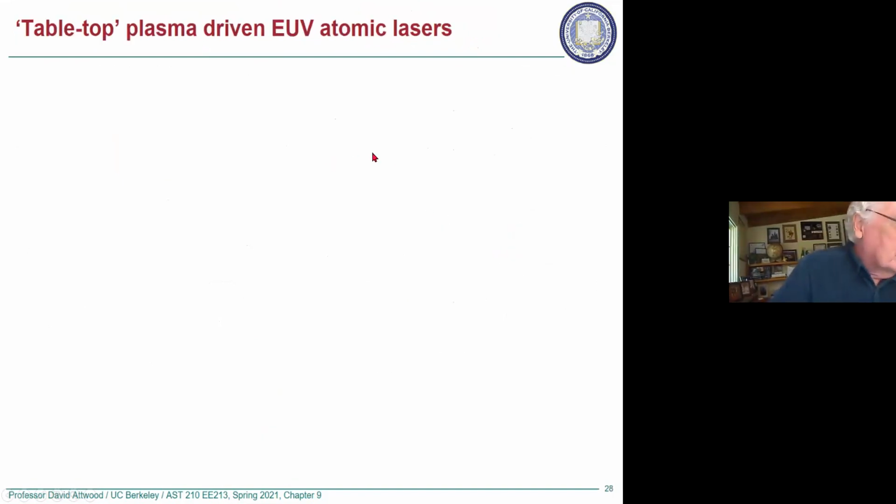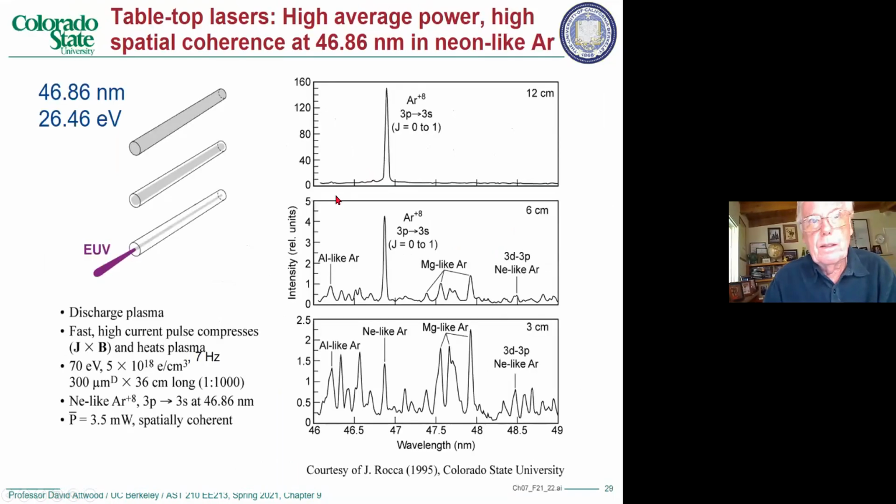Now I want to go to the tabletop situation. I don't have a photograph of it, but this was the scheme of it. This is the lasing wavelength that was observed. It was in neon-like argon, so you're stripping off 18 electrons, and you're left with 10.